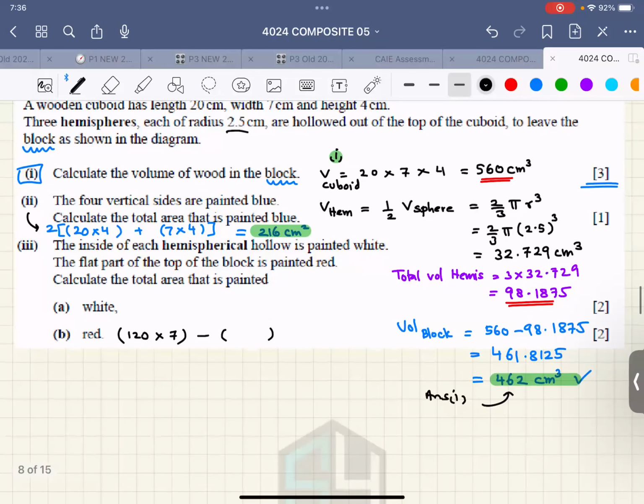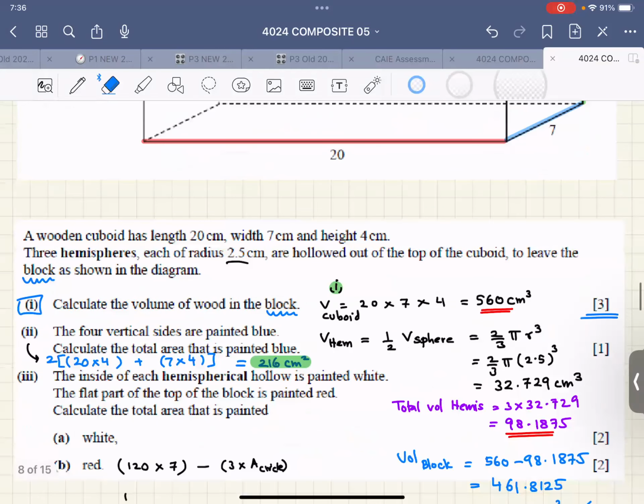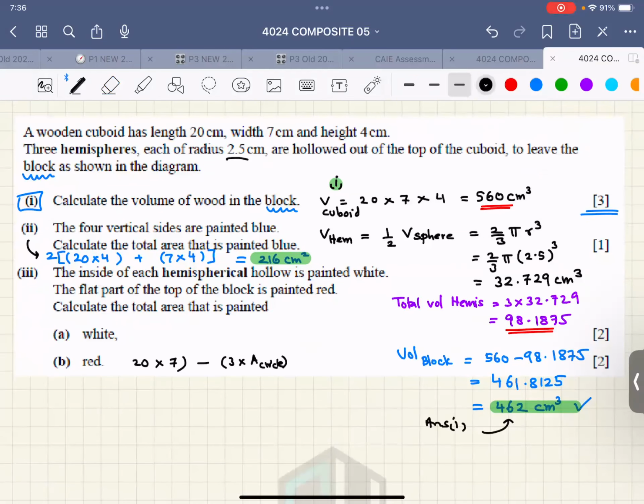What is white? The inside is painted this thing. Now, this is not exactly white. This is the 3 times the area of circle, because flat surface is a circle. So this is 20 into 7.